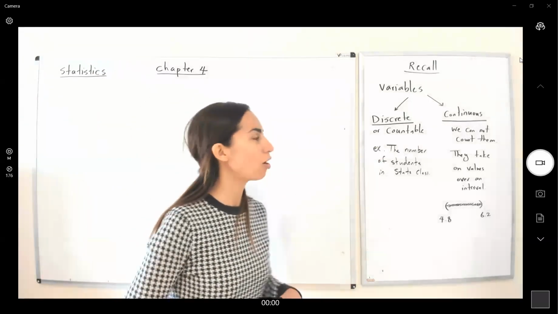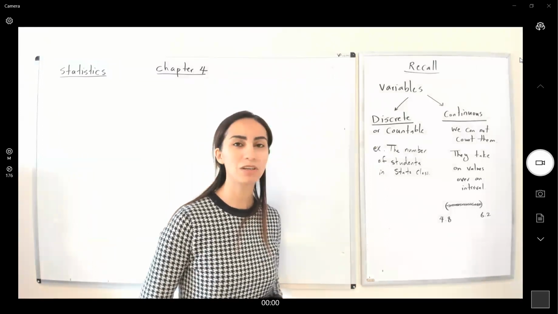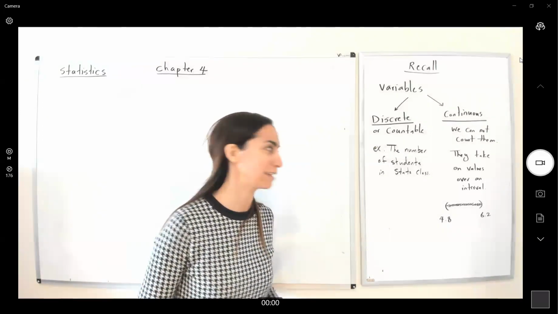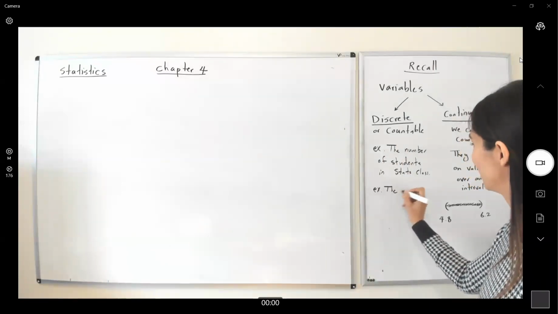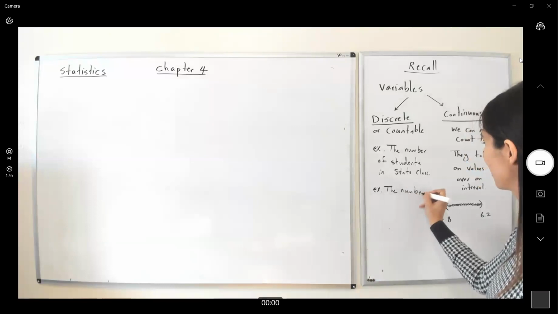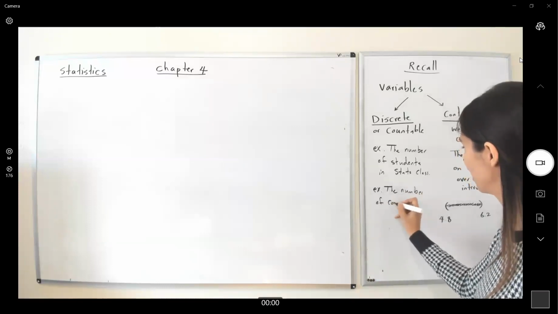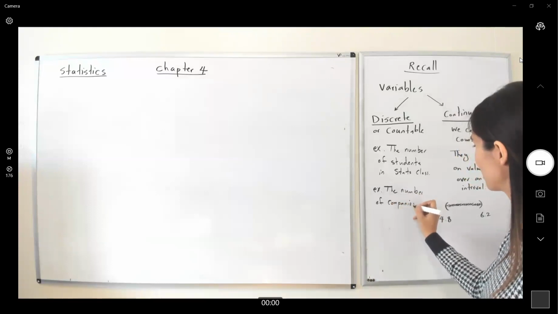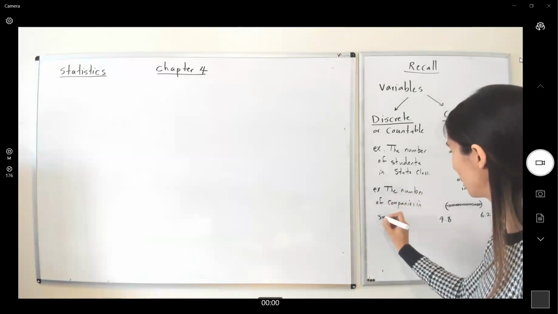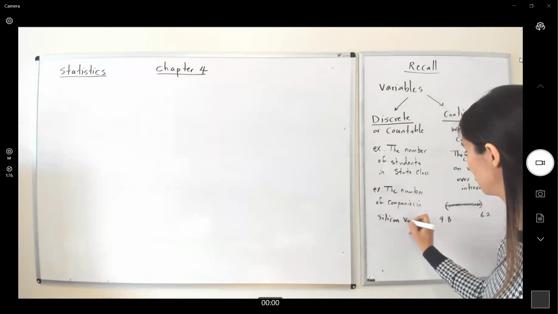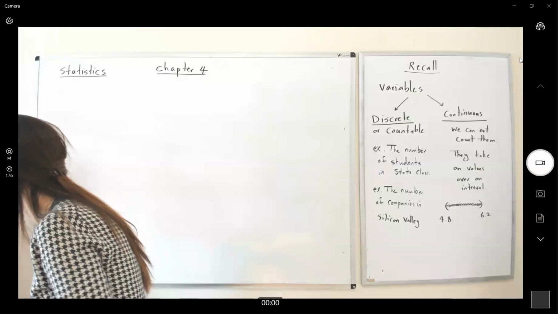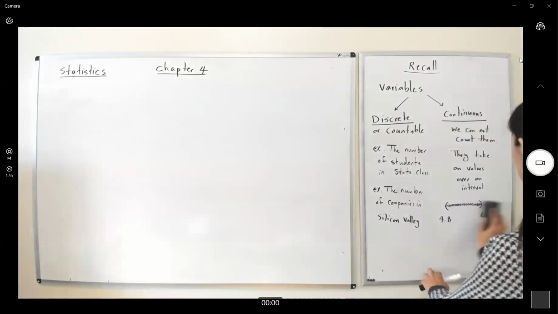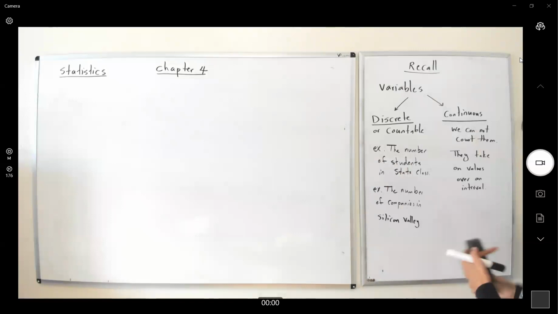Another example of a discrete or countable variable is the number of companies in Silicon Valley. Let us write down some examples for continuous variables.